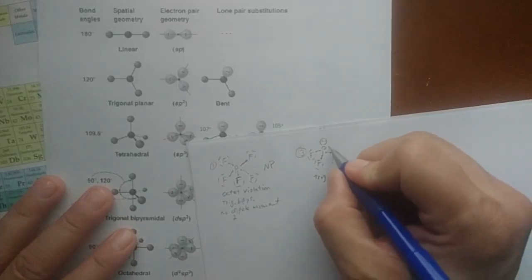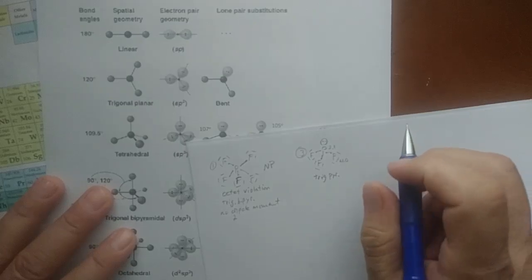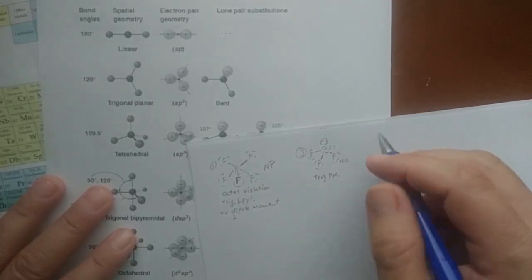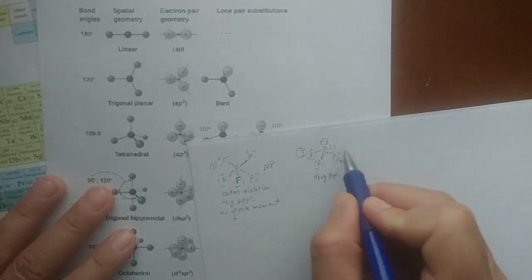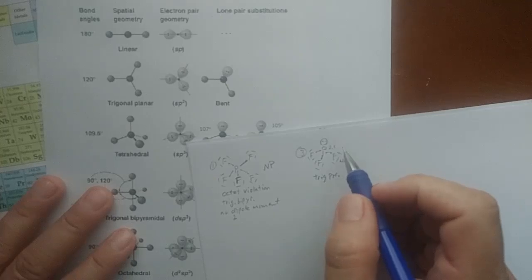Are the bonds polar? Well, we just said before that this is 2.1 and this is 4.0, right? So yes, they very much are polar. Is this molecule symmetrical, though? No. I can draw a line through the middle, like there, that makes the sides very much not the same thing.